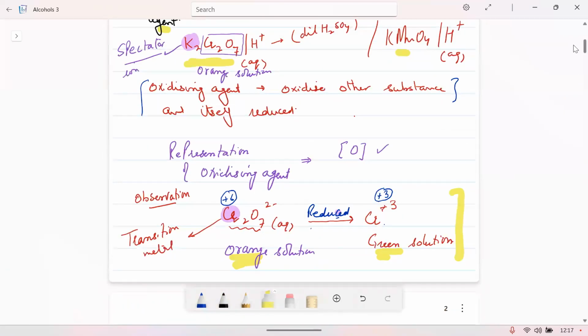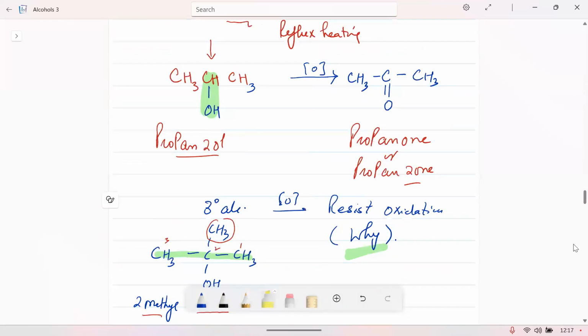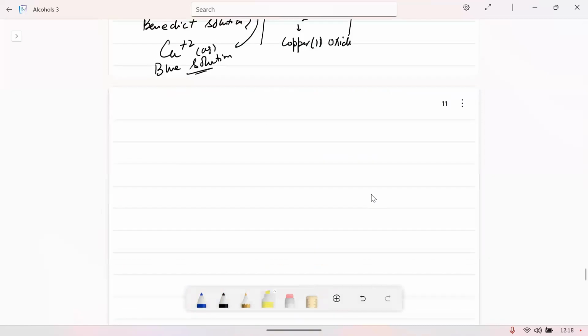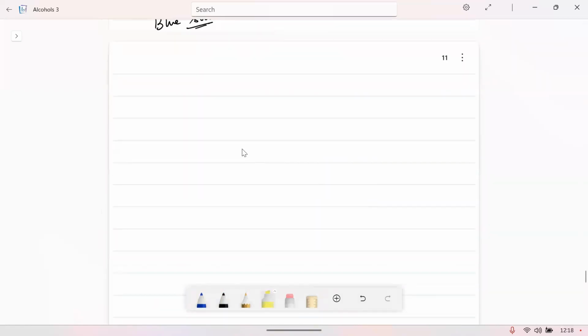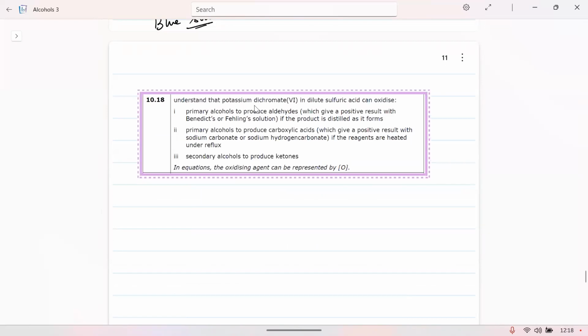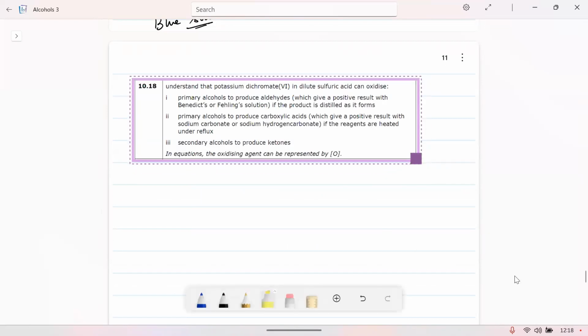And if there is no change in the color with either the Tollens reagent or the Benedict solution, then it means your starting alcohol was secondary. And if there is no change in the color with the potassium dichromate, that means it is a tertiary alcohol.